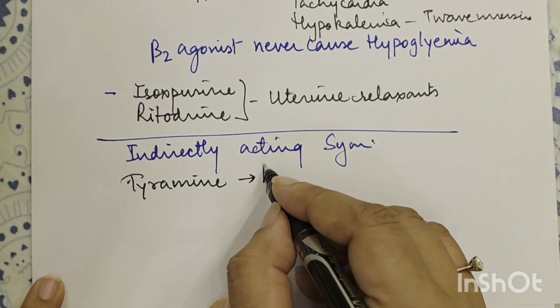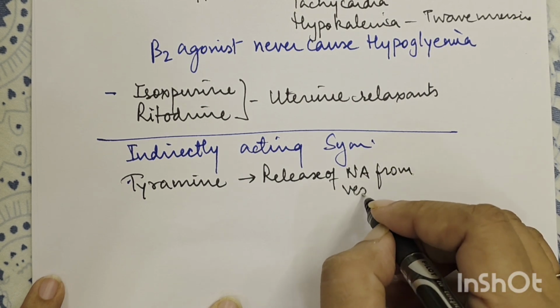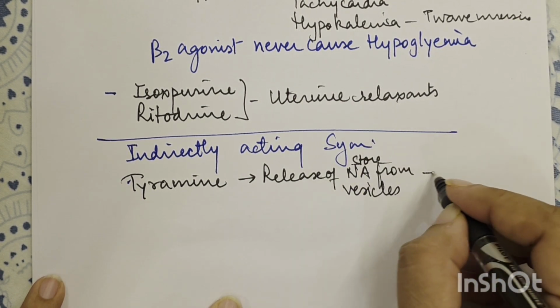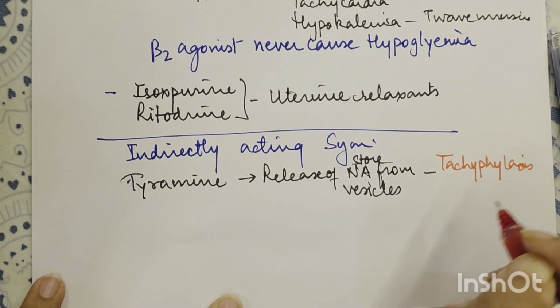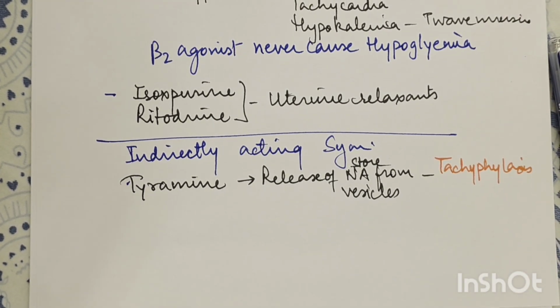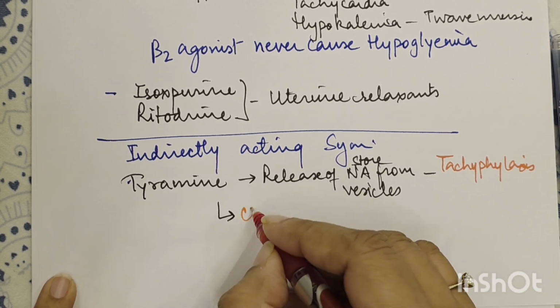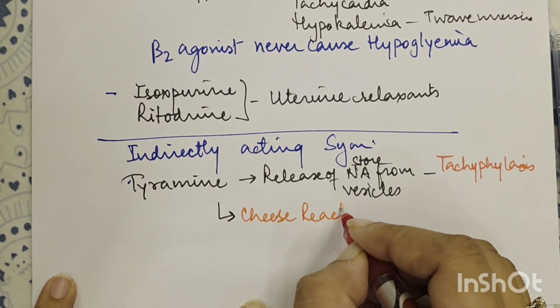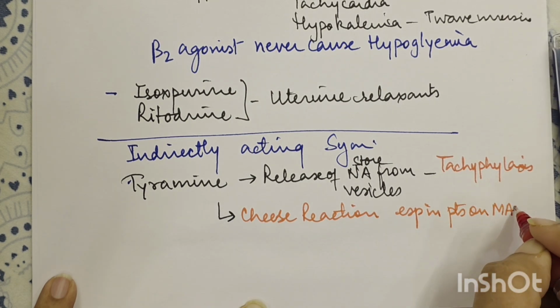It causes release of noradrenaline from vesicles, right, of stored noradrenaline. So it is very specifically a specific drug in showing tachyphylaxis. This is the action of tyramine, and it also causes another important thing that is called cheese reaction, especially in patients on MAO inhibitors.